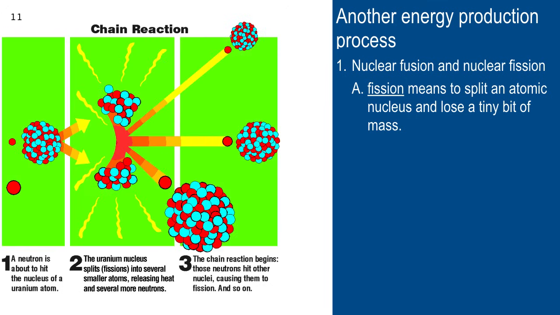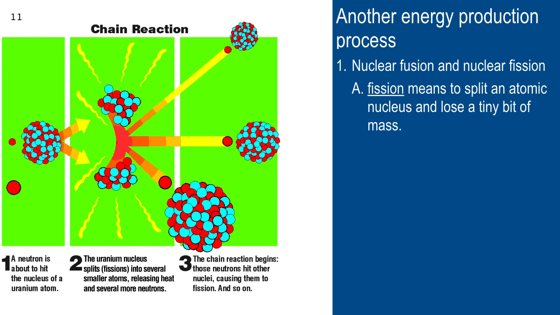So here's a diagram of that. All right. Now this red dot over here on the far right, that's a neutron plowing into a uranium nucleus.